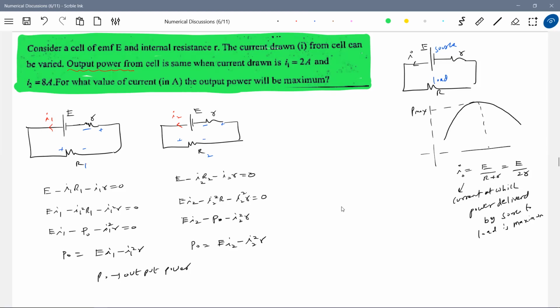Shall we write? We know this I1 plus I2. So what can be I1? The output power from the cell is the same when the current drawn is I1, 2 ampere, and I2, 8 ampere. For what value of current will the output power be maximum is what is being asked.